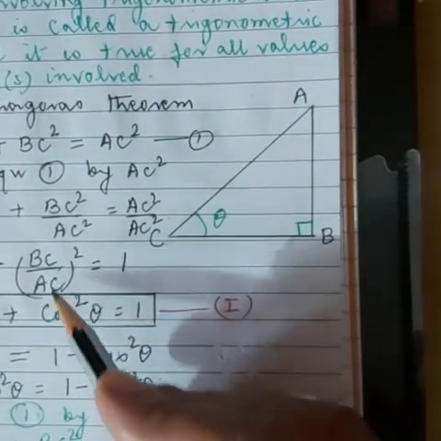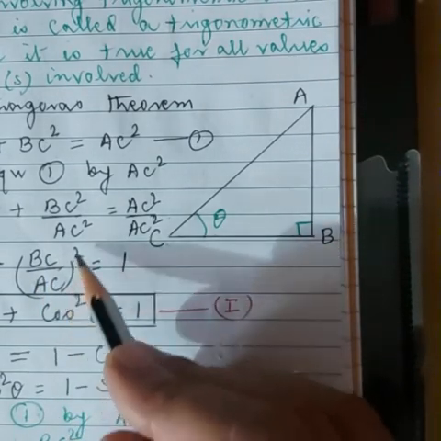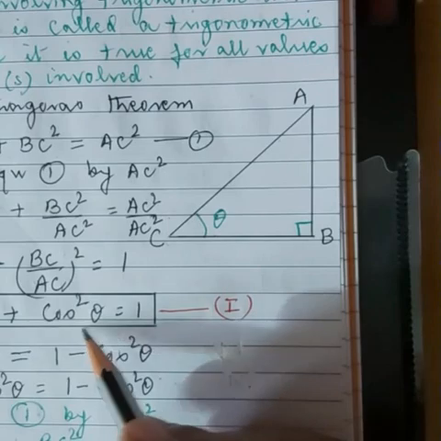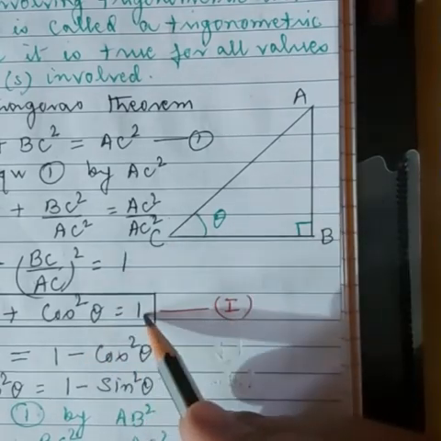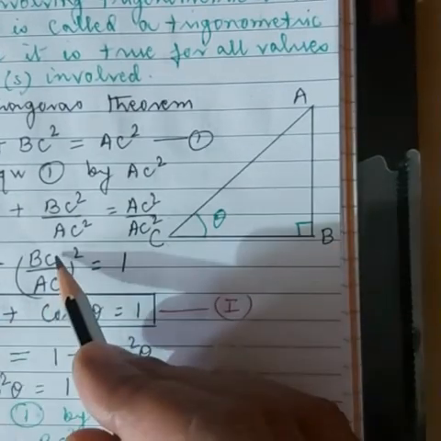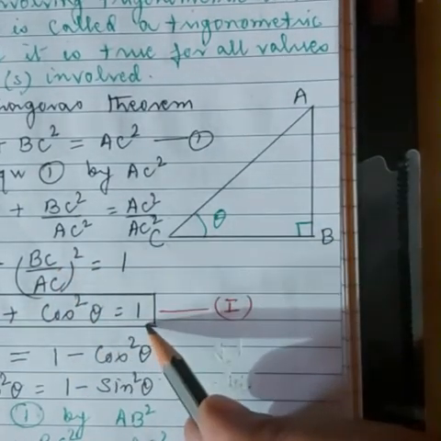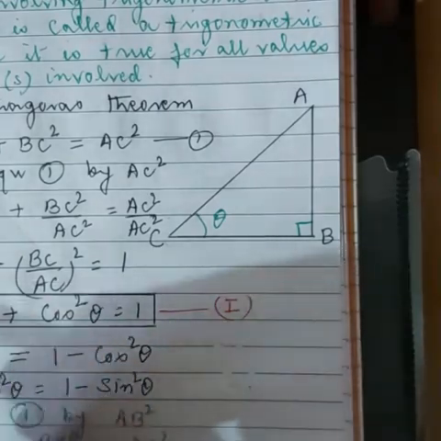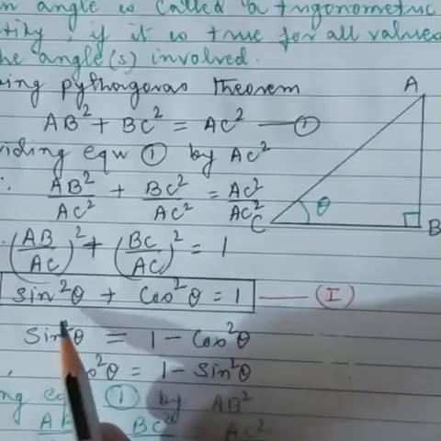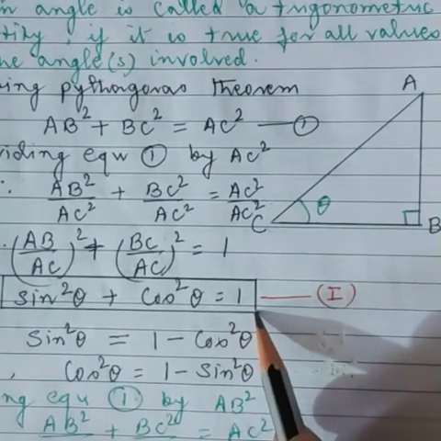So BC by AC whole square is cos square theta, and of course this is equal to 1. So the first basic identity is sin square theta plus cos square theta is equal to 1.